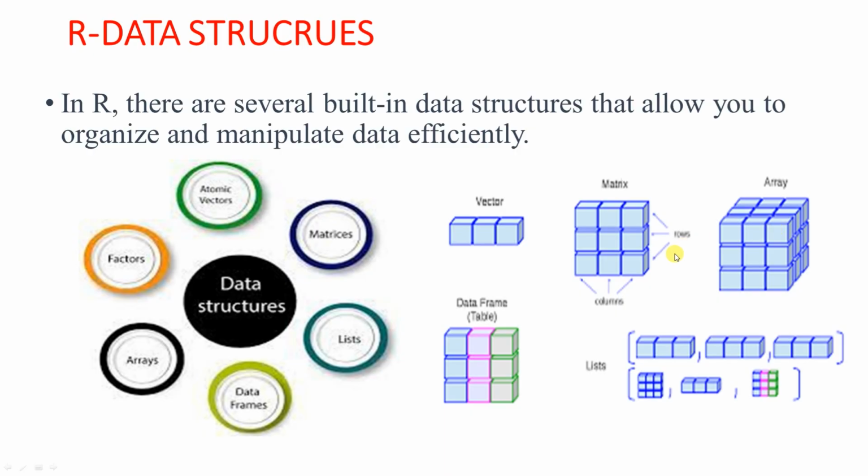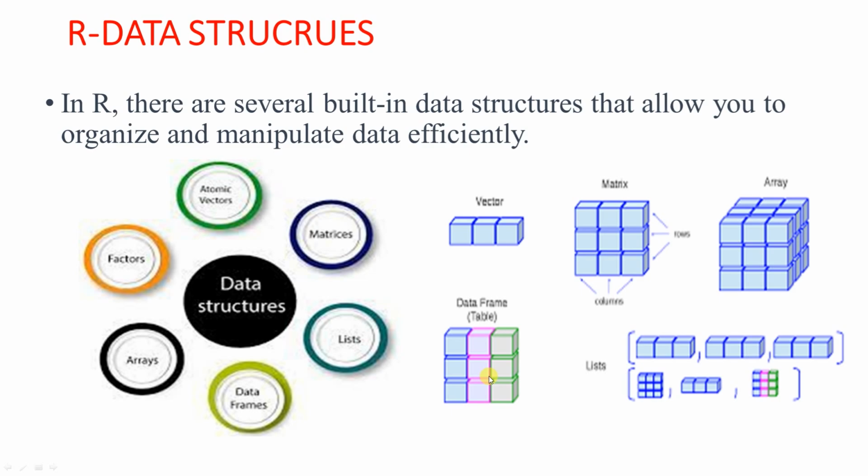And the fourth one is data frames. A data frame is also one type of data structure, just like a matrix. The only difference between a matrix and a data frame is that a data frame can hold heterogeneous data elements, whereas a matrix can hold only homogeneous data elements. Homogeneous means only one type of element.